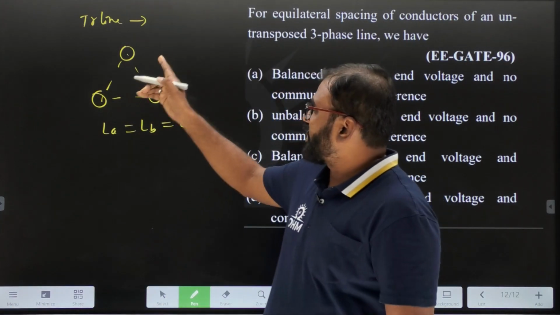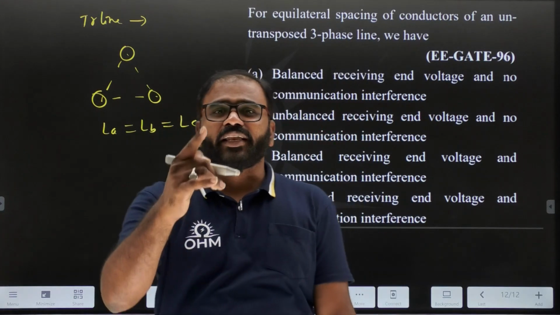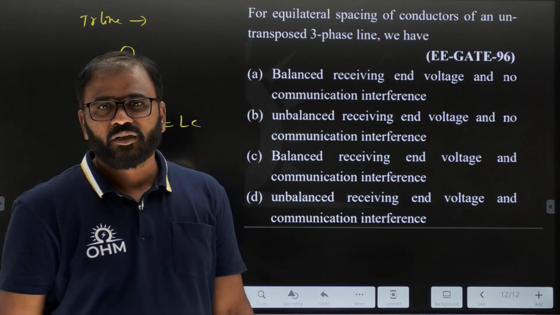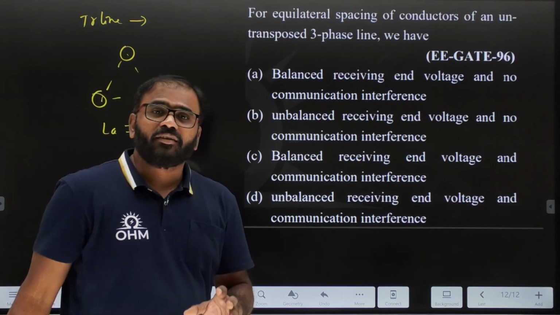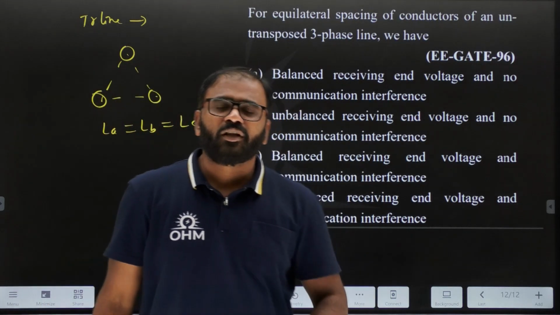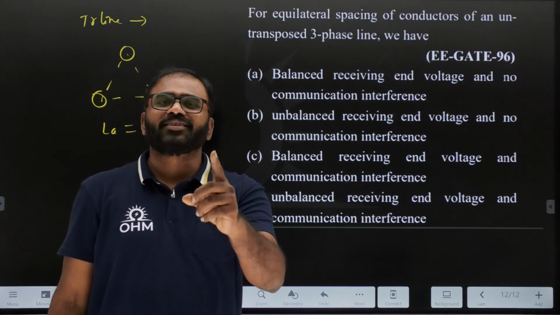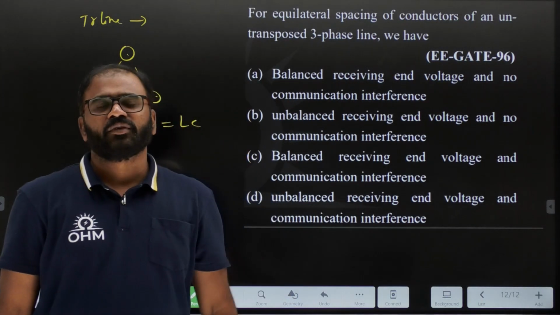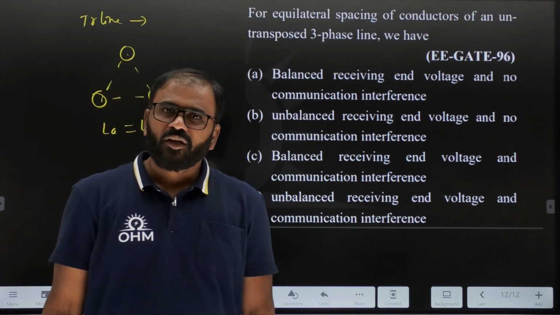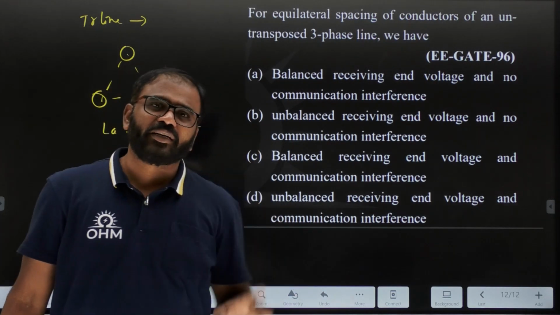But since the transposition is not done, definitely there exists communication line interference. Be careful about this, whether it is a symmetrical or unsymmetrical configuration. If you have not done the transposition, there exists communication line interference, 100%. What is the difference between symmetrical and unsymmetrical?